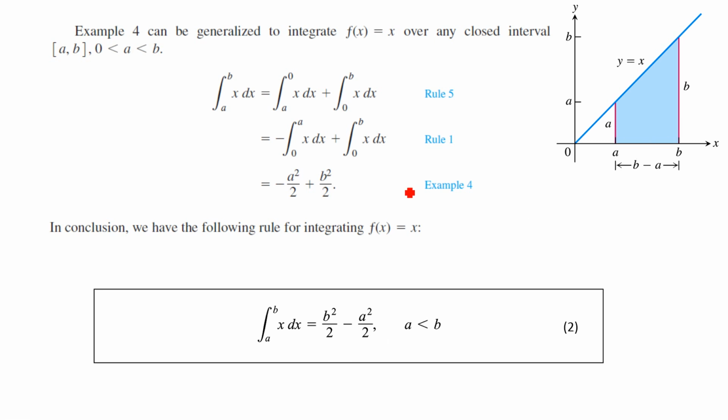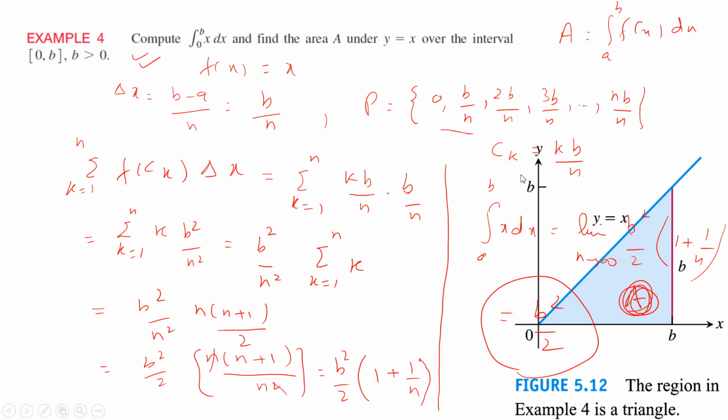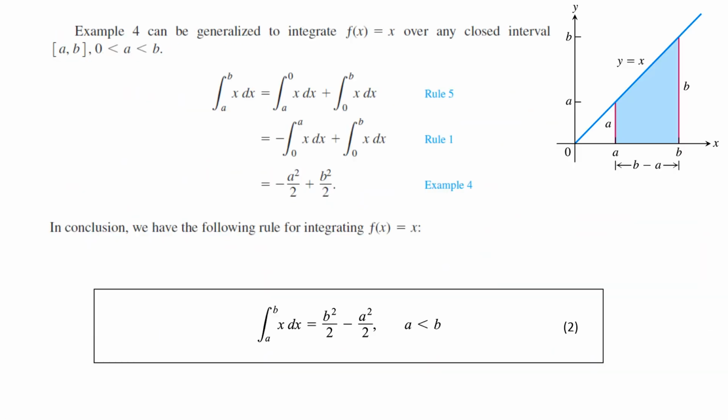It is the area of this whole big triangle minus the area of this smaller triangle. The area of the bigger triangle is b square by 2, minus a square by 2. So geometrically, it makes sense.